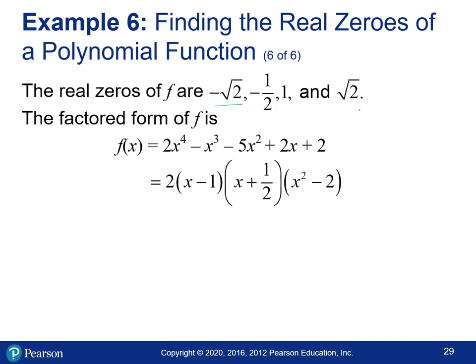Even though we can write this with our square roots, we can say x minus square root 2 and x plus square root 2. Normally we don't write our factors like that because those are not nice numbers, those are irrational numbers. So we would leave it in this factored form. Okay, so we have our 4 real zeros, but we only see 3 factors with x in them because we don't want to write it like this with these irrational numbers.